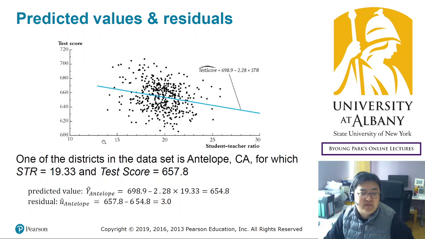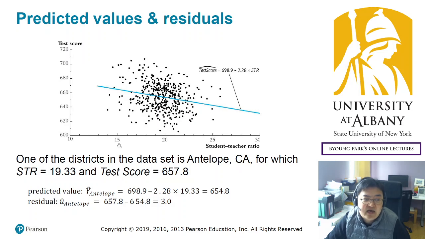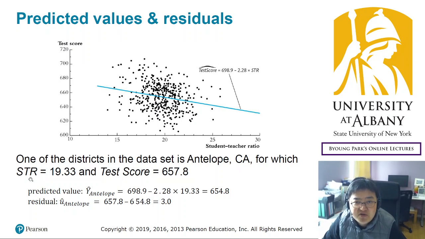Okay, the intercept interpretation is quite straightforward. And for example, let's try something. Let's be more specific. Suppose that there is a district in the data in California, and in that district, the student-teacher ratio was 19.33, and the observed average test score was 657.8.